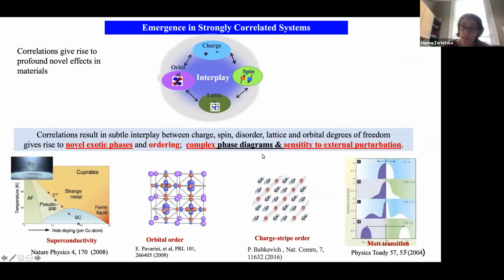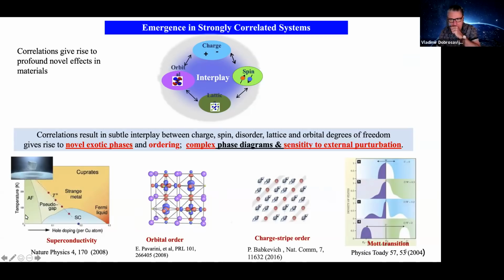And what is also very interesting for correlated electron systems is that, unlike simple metals or insulators, the properties of these materials depend very sensitively on external perturbation.